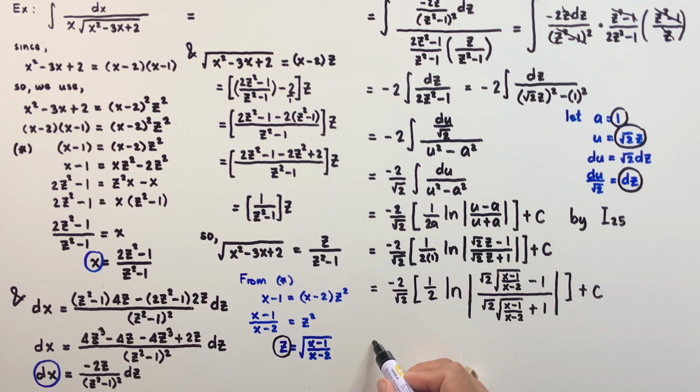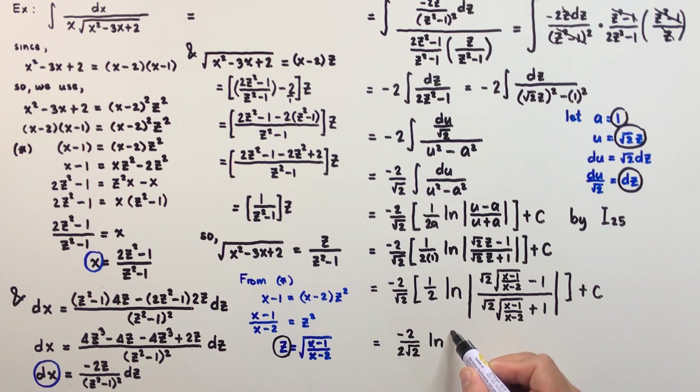And multiplying our constants, we have this negative 2 over 2 times the square root of 2 times the natural log of the absolute value of the square root of 2 times x minus 1.